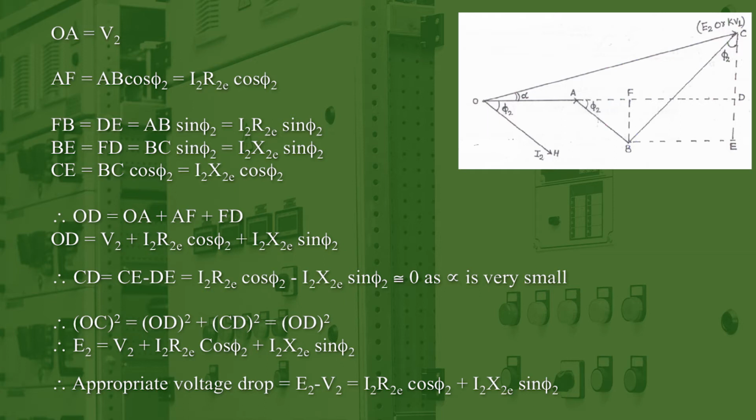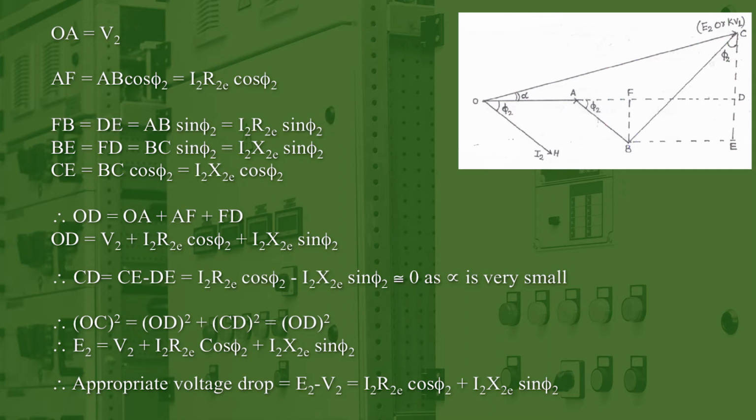You can also notice on the vertical component that CD can be written as CE minus DE. And what is the value of this CE? The value of CE is equal to I2 R2E cos phi 2, and the value of DE is equal to I2 X2E sin phi 2.